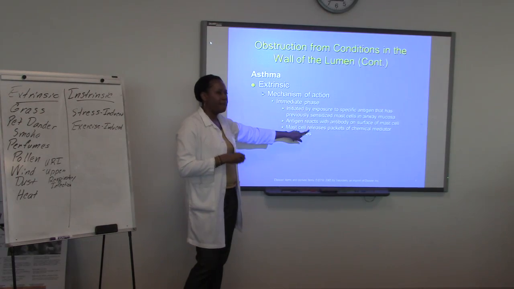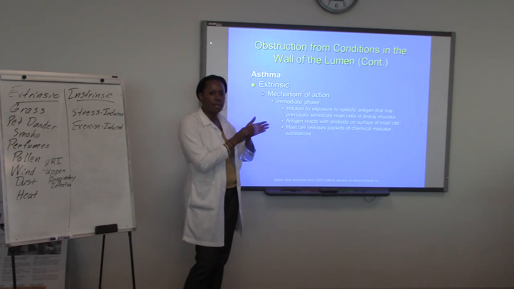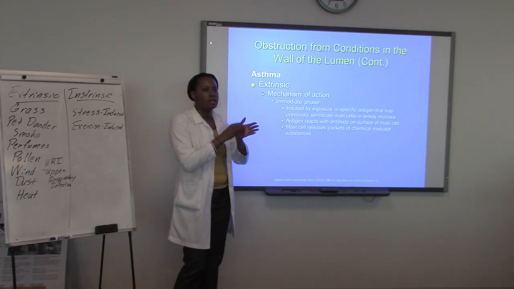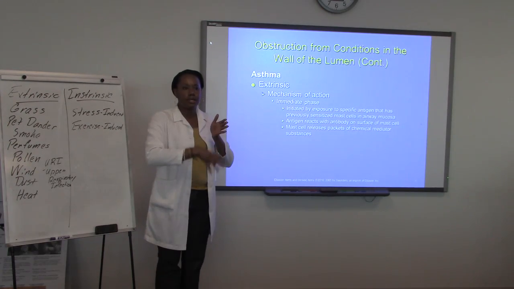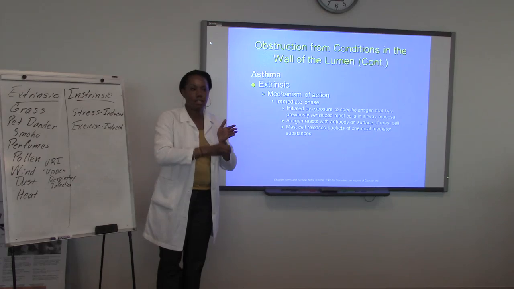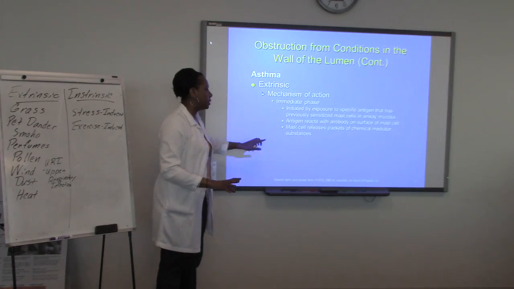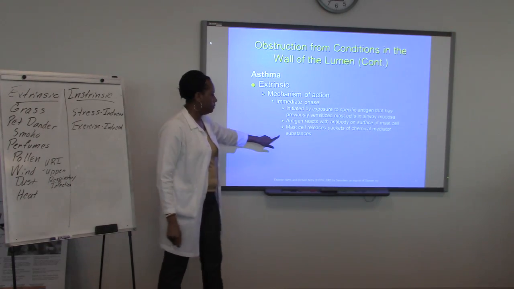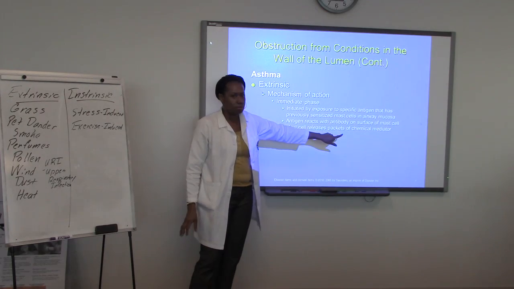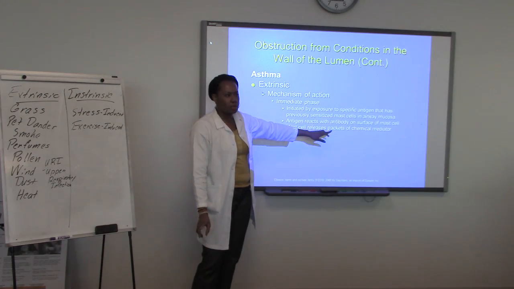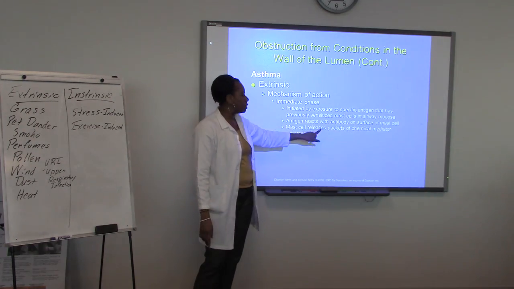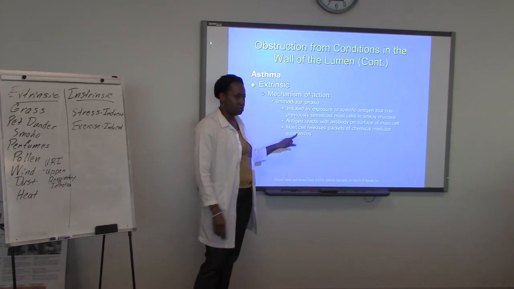And when mast cells come into contact with that antigen, they will start to degranulate. And we know when mast cells degranulate, what happens? It releases what? Histamine. So it's going to release chemical mediators.